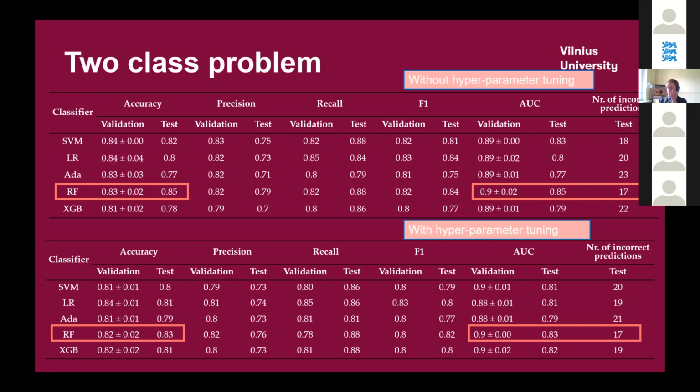If it was 0.5, sorry, it would be a random guess, and if it was 1, then it would be a perfect model. But we don't want a perfect model because it will lose the ability to generalize. At first we tried to evaluate models without any hyperparameter tuning. That is also an important part in machine learning when we prepare algorithms.